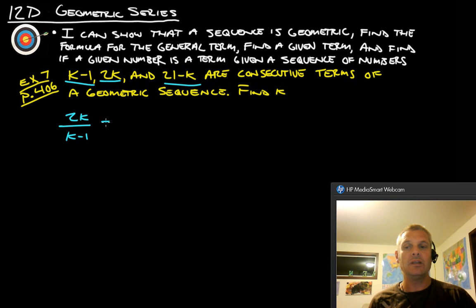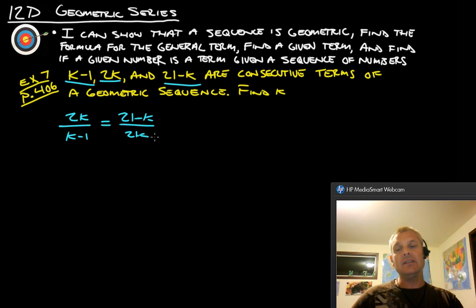So the trick here is that we should be able to take 21 minus k and divide that by 2k. That gives us the ratio of the second to the first as well as the ratio of the third to the second, and these two ratios should be equal to each other. So now we can set these equal to each other. That's the tricky part of this, trying to figure that out.